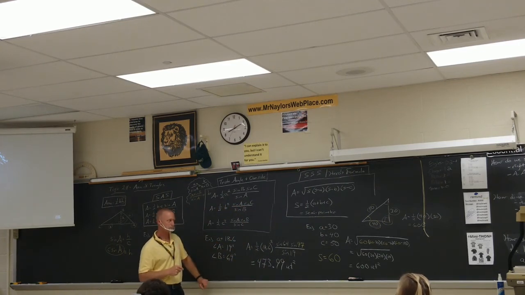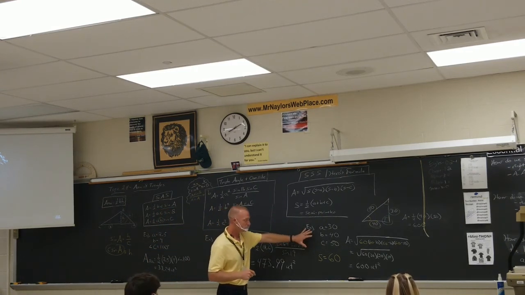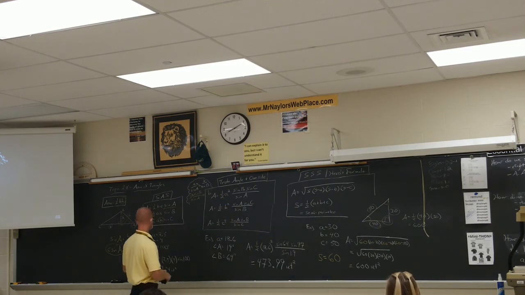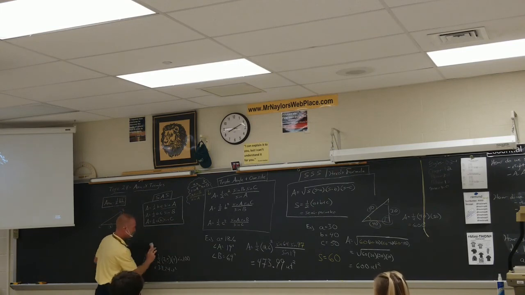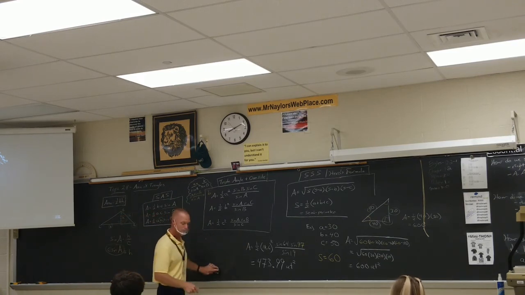Now you might say, why would I do that if I already have 3 sides? Well, you might do it if you have this scenario. I need some space here. Good, we have some time.